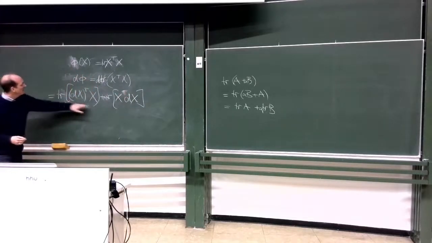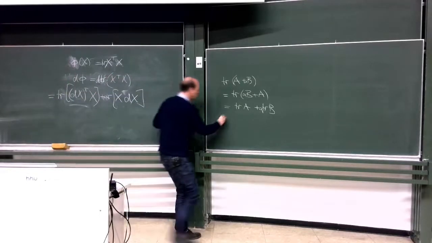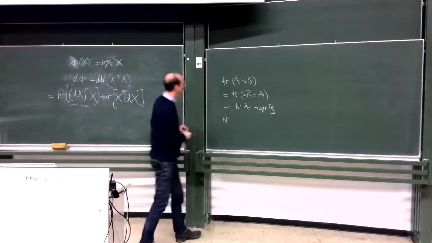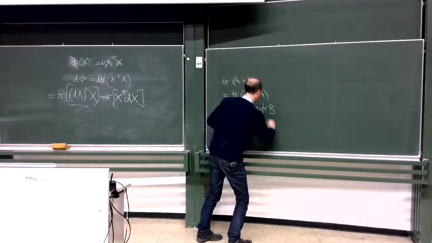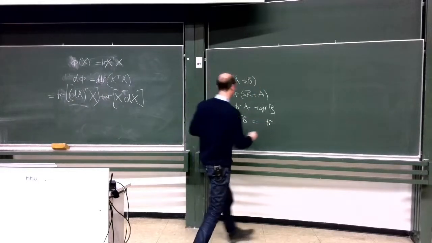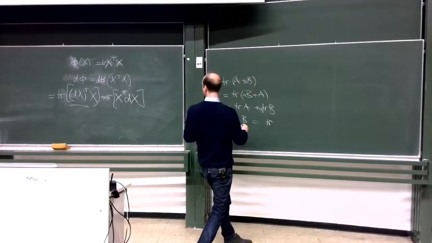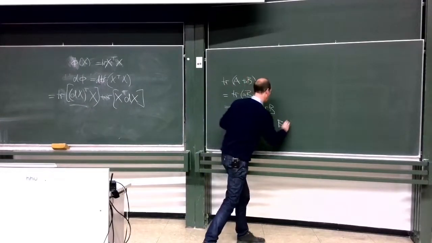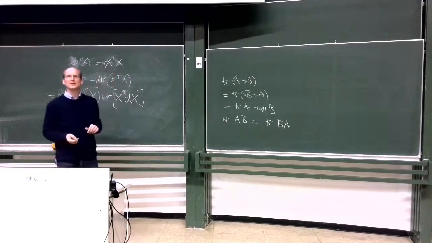So now, what can I do with that one? There's an interesting formula: the trace of A times B is the same as the trace of B times A. So I can also flip the ordering of two things here.